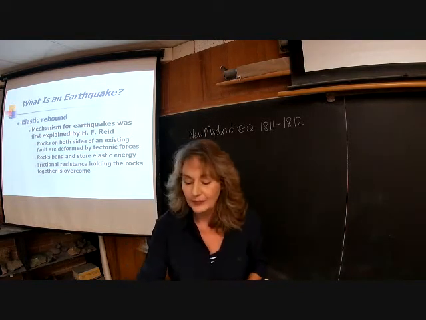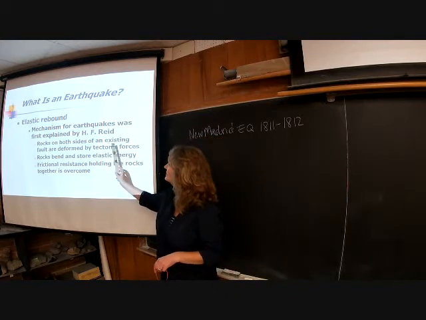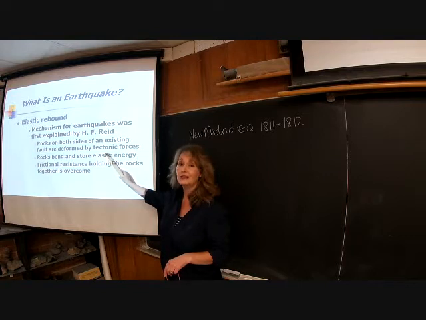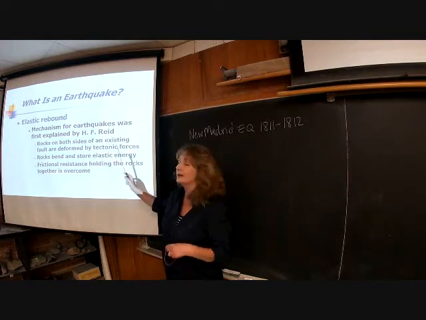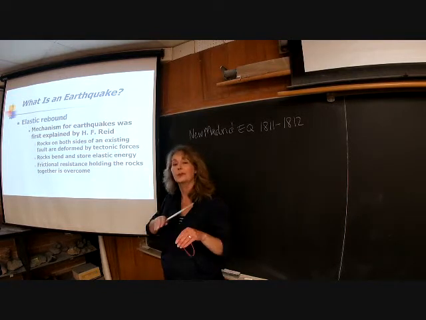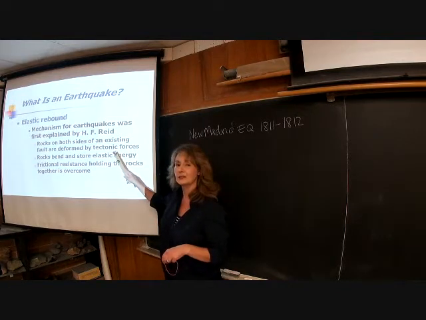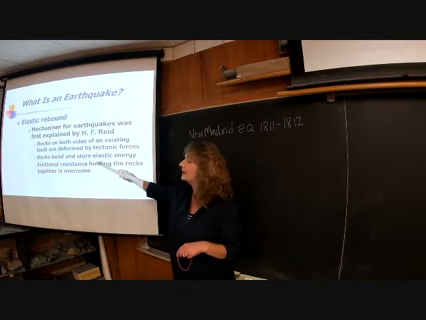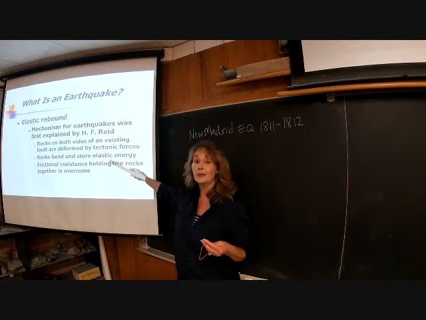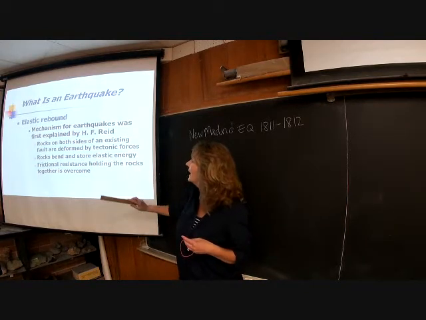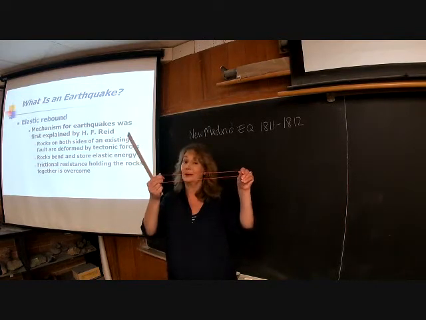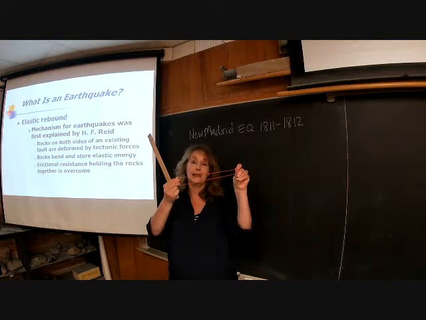So the rocks on both sides of an existing fault get deformed by those tectonic forces, the compression or the tension or the shearing. The rocks will bend, and that's storing up potential, elastic energy. If I were to release that, it would snap my finger.